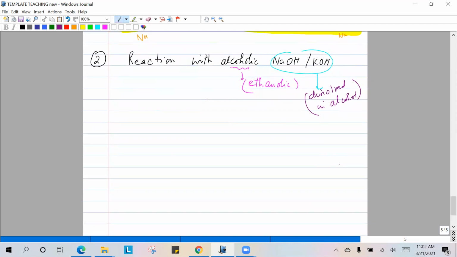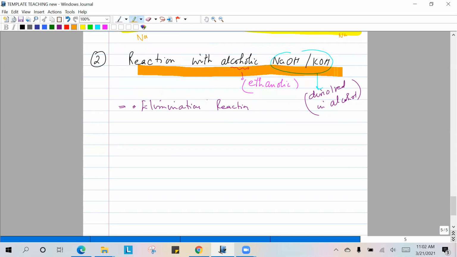Over here, the important thing is that this is an example of an elimination reaction. In an elimination reaction, nothing is being substituted, everything is being removed. That's a very important thing. So when you do the reaction with alcoholic NaOH or KOH, the solvent is very important, alcoholic. In that case, an elimination reaction takes place and an alkene is formed.